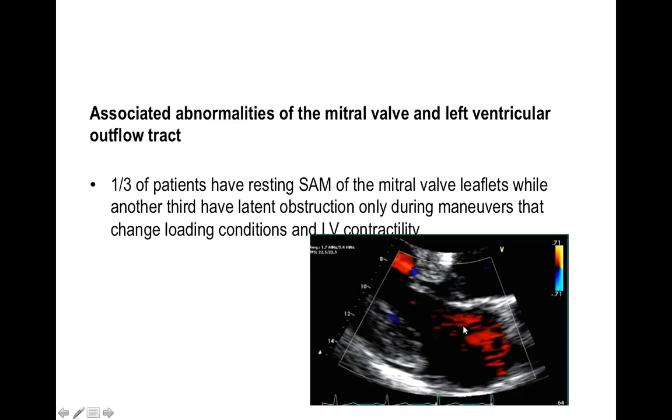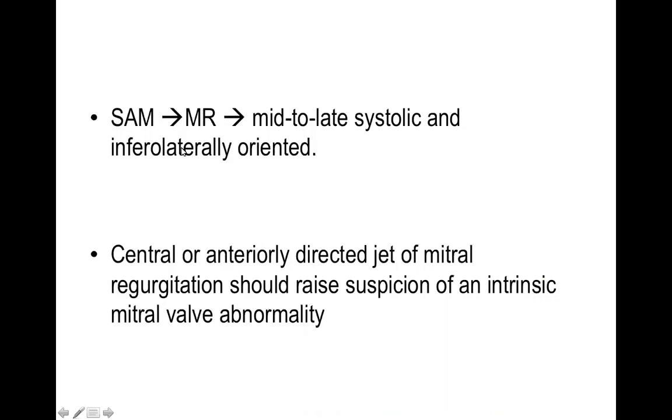SAM leads to mitral regurgitation that is mid to late systolic and inferior-laterally oriented. A central or anteriorly directed jet of mitral regurgitation should raise suspicion of intrinsic mitral valve abnormality.